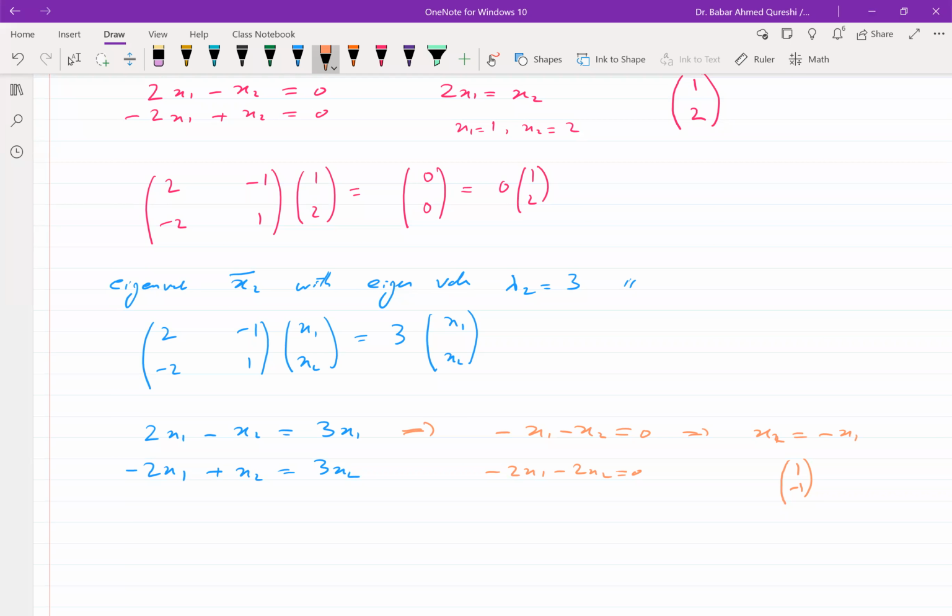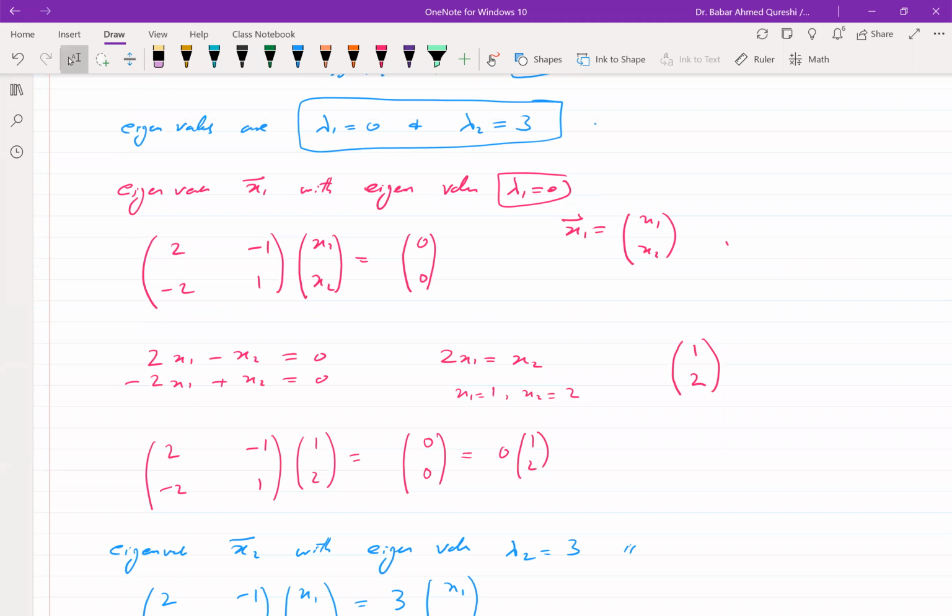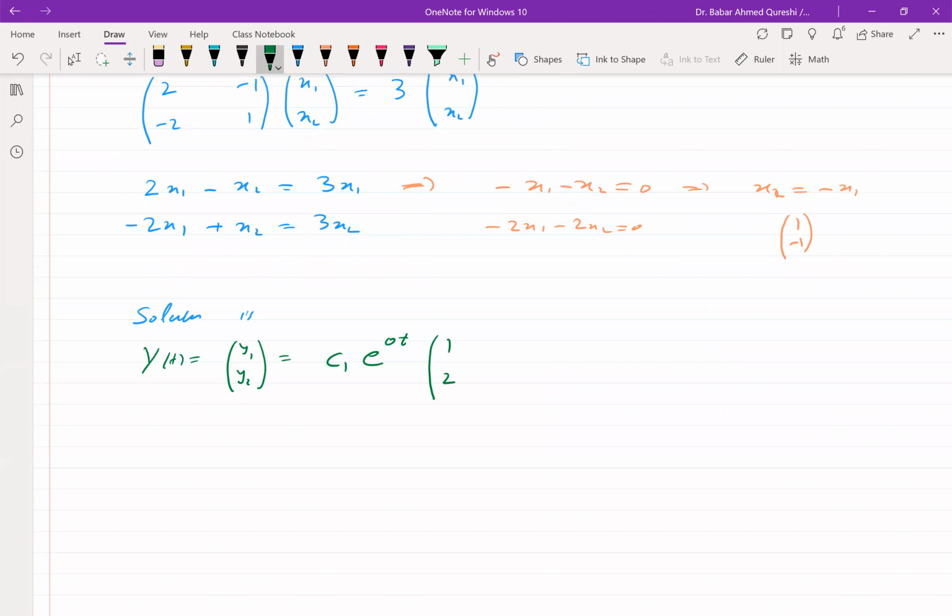So then I get the solution y(t) = C1 e^(0t) (1, 2) plus C2 e^(3t) (1, -1).